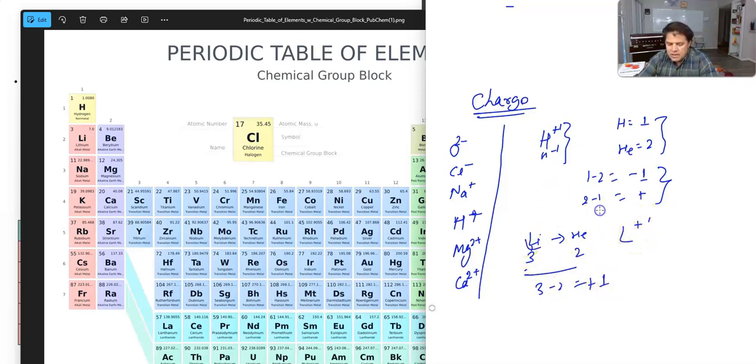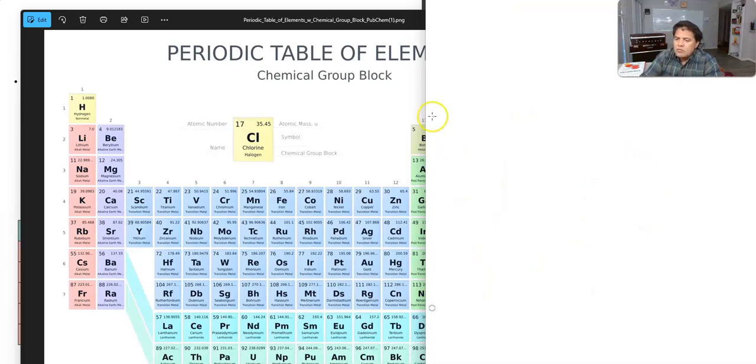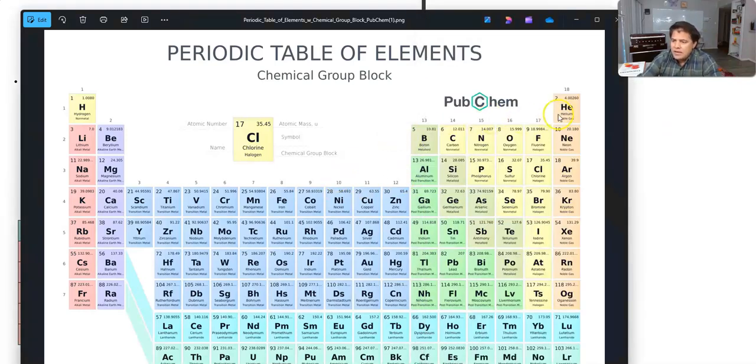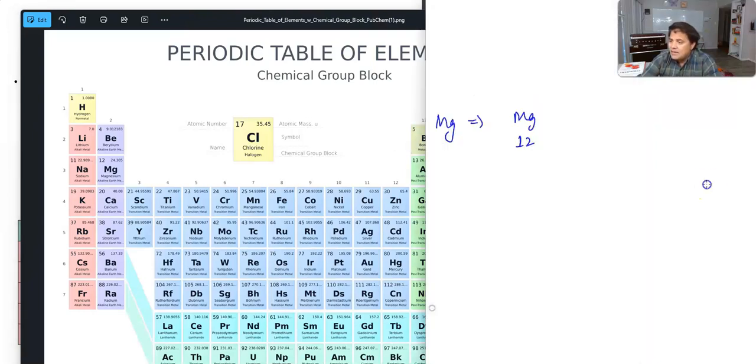Now let's look at magnesium. Let's go a little bit further. What will be the charge on magnesium? Magnesium is 12. What is close by? Helium is 2, neon is 10, argon is 18, right?